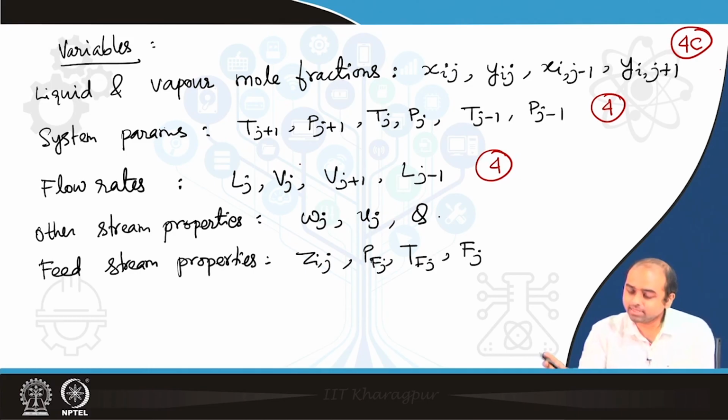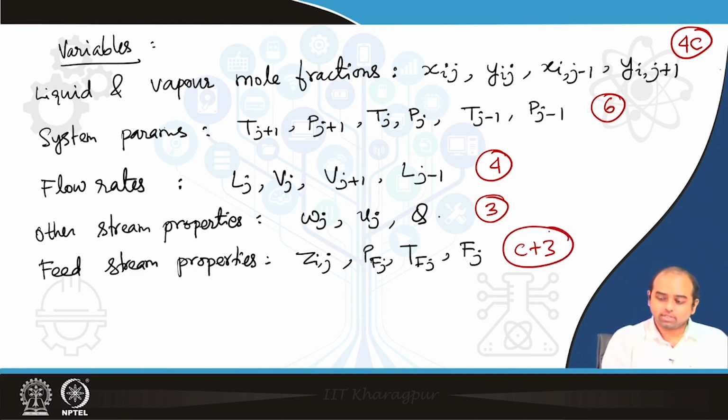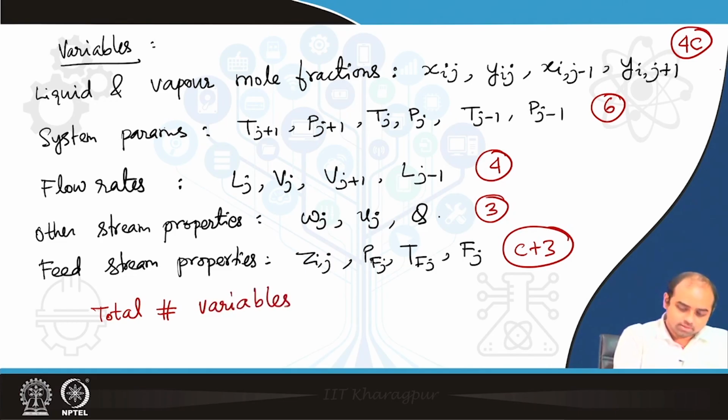Sorry, system parameters is 6 variables. I have written 4. Flow rates are 4. Other stream properties are 3, and feed stream is C plus 3, because C compositions are there for the individual components. So total number of variables in each tray is 5C plus 16, isn't it?